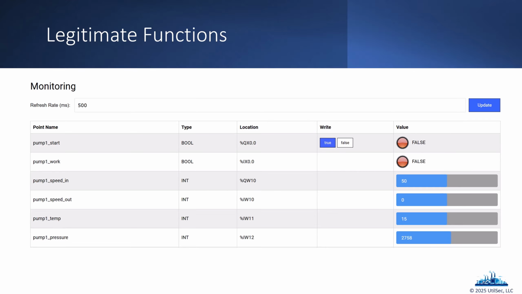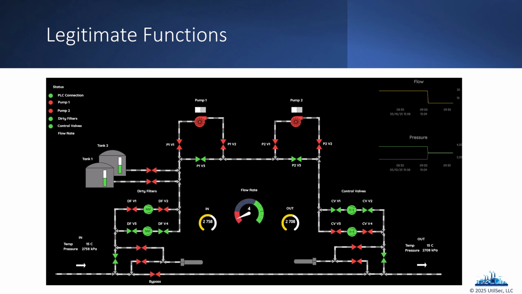So there you can see, click false, boom, they turn off. Then you go back to the HMI and see, okay, the pump's no longer on. Before it was green, now it's red, so we have that visual indicator. And in the upper left-hand corner, you can see both pumps are down.